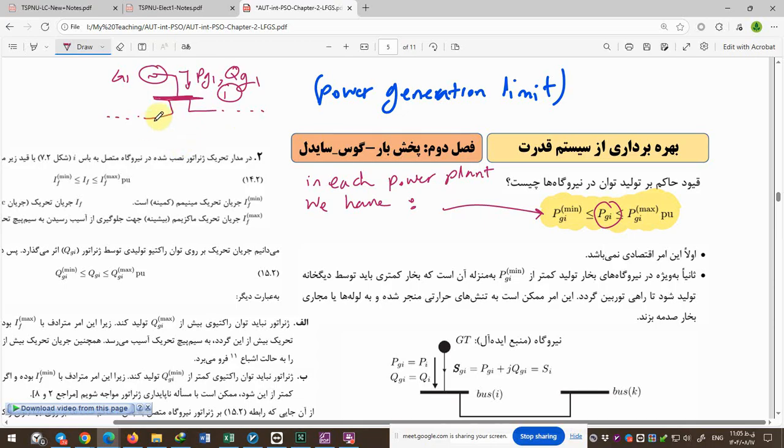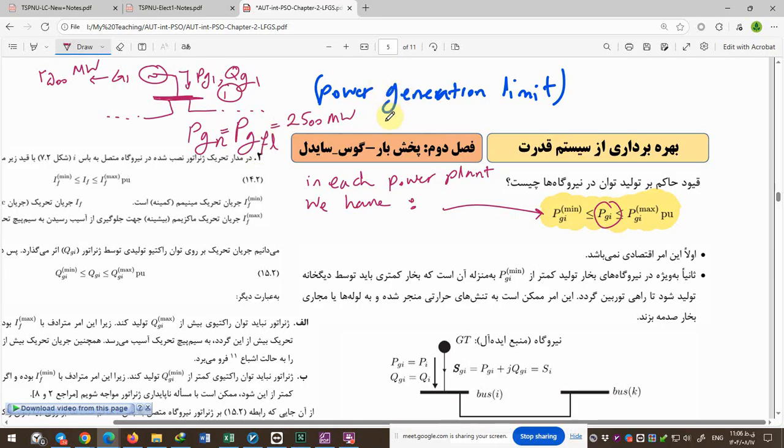In this network, for example, the nominal active power of generation is, for example, 2500 megawatts. This is the nominal. P generation in full load is 2500 megawatts.